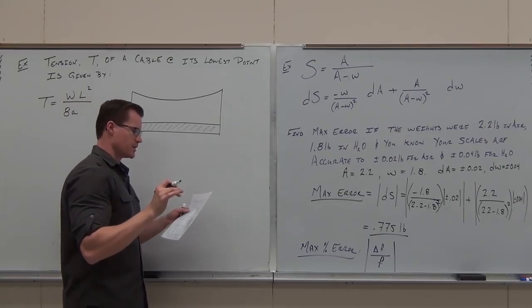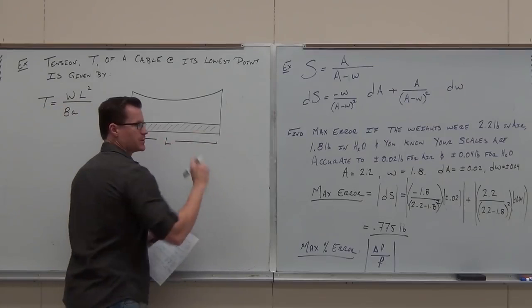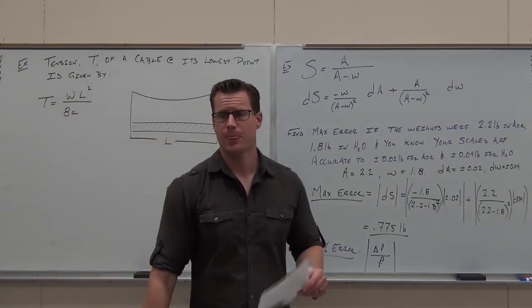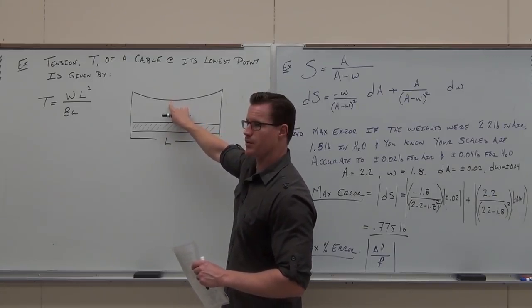Here's what this all means. L is the distance between the posts that are holding up a cable. T, the tension, is going to be the tension on that cable at the lowest hanging point.